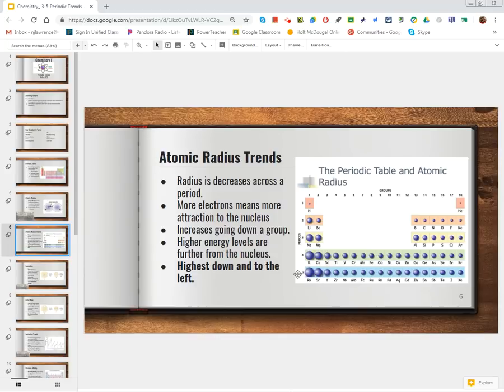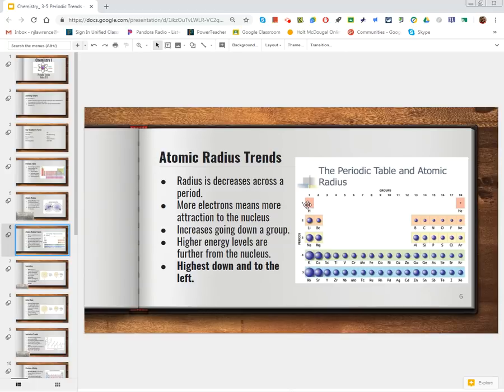Rubidium has electrons in the 5th energy level. So first of all, as we go down a group, we can see that the atomic radius increases because there's more electrons, and those more electrons are filling up higher energy levels. Pretty self-explanatory.